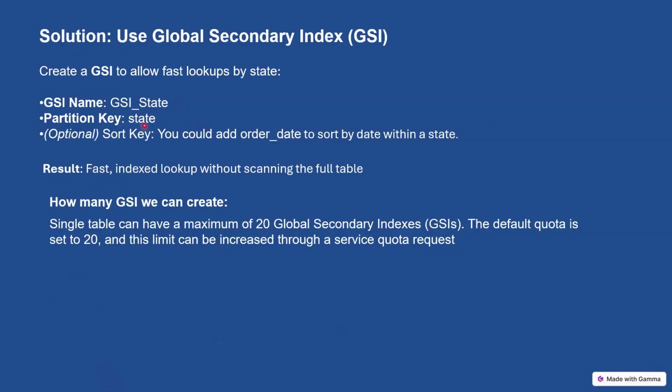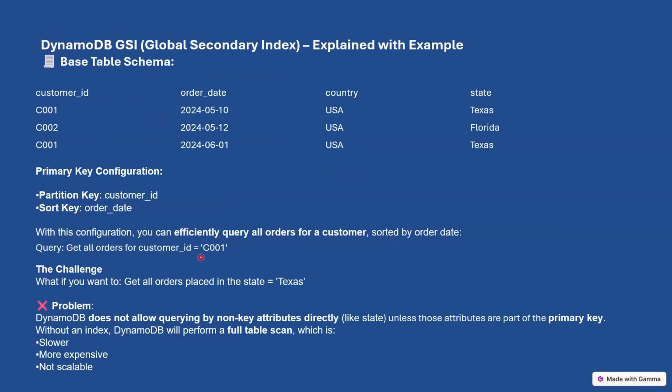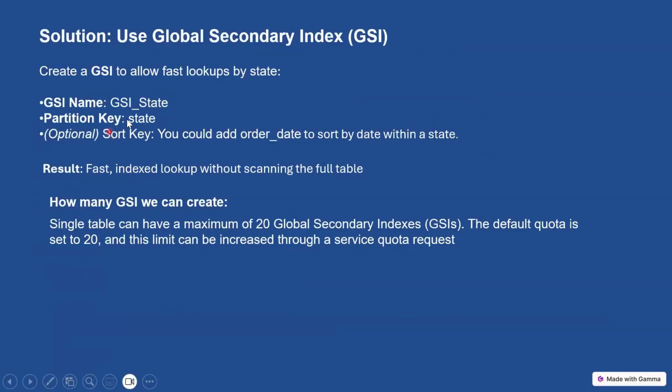Now with the help of this index, you can query: get all orders placed in Texas. Why can you do that now? Because you created a global secondary index on this key, the state key.